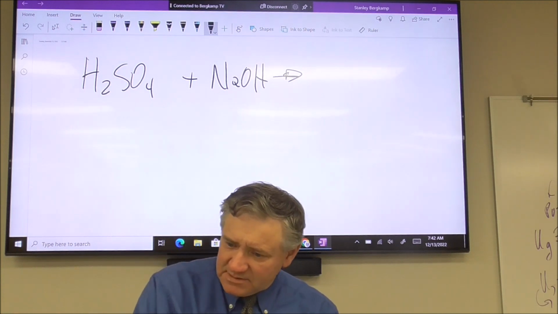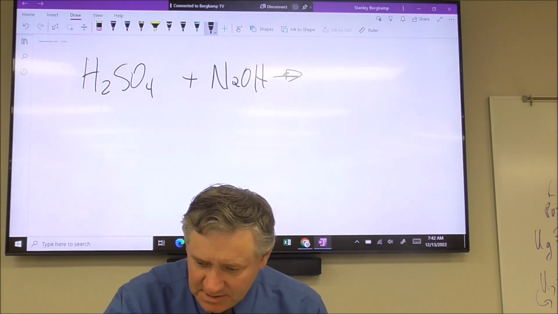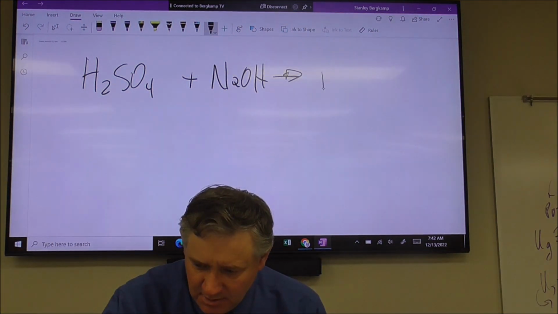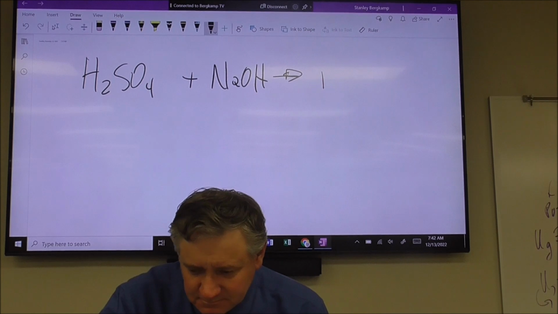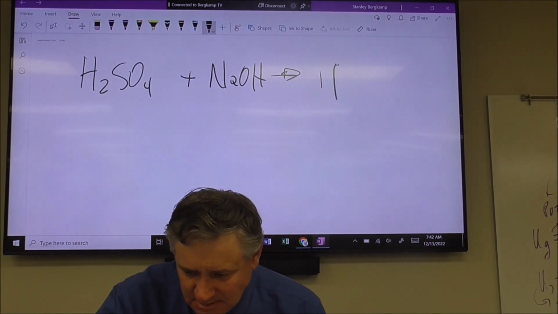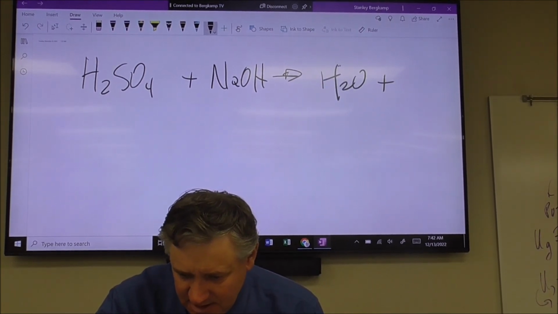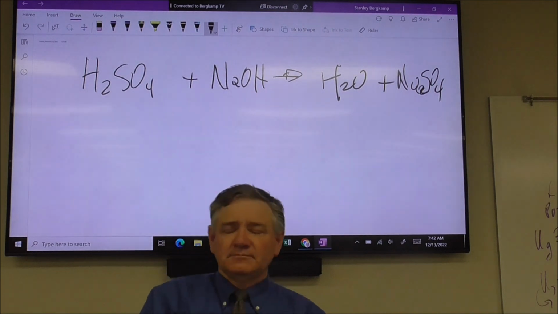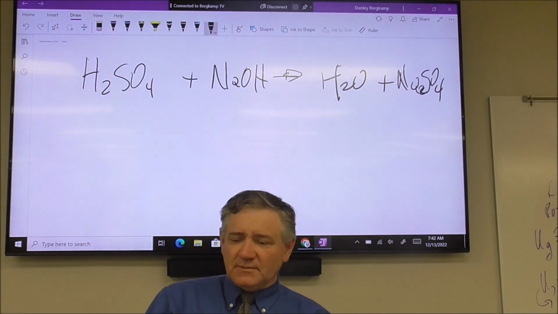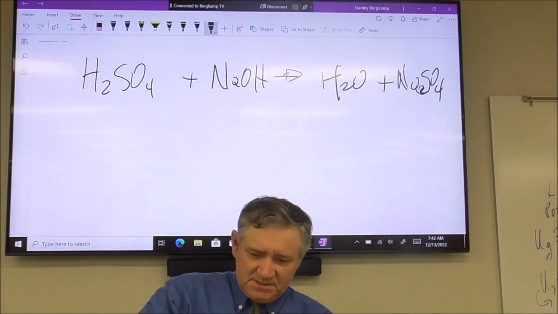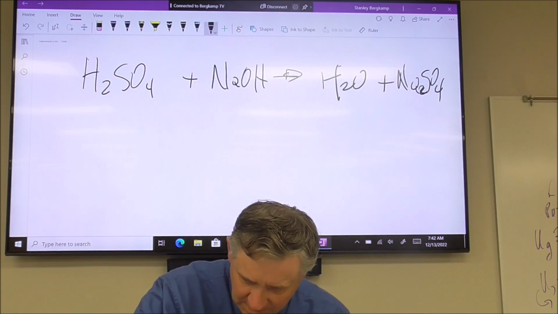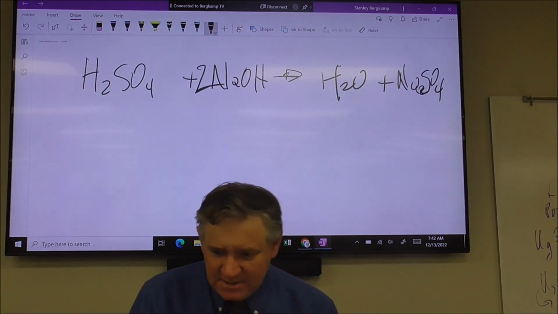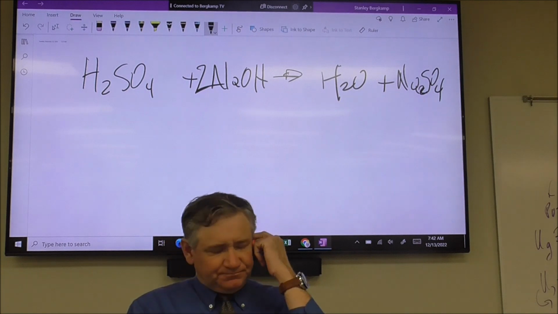So out of any neutralization reaction, you get two things. You get water and, in this case, a salt of Na2SO4. Then just balance it out. So what you should see is there's a 2 here, which means this ratio is 2 to 1.